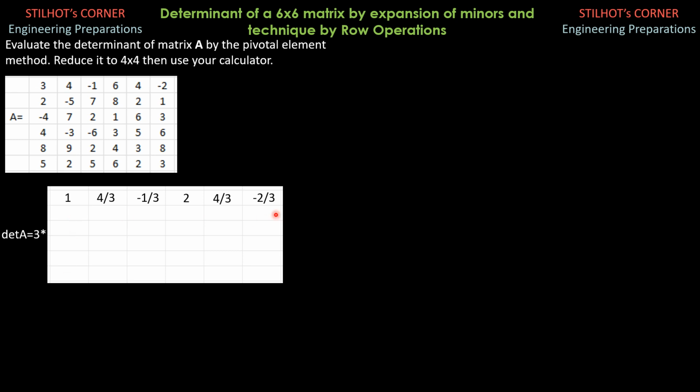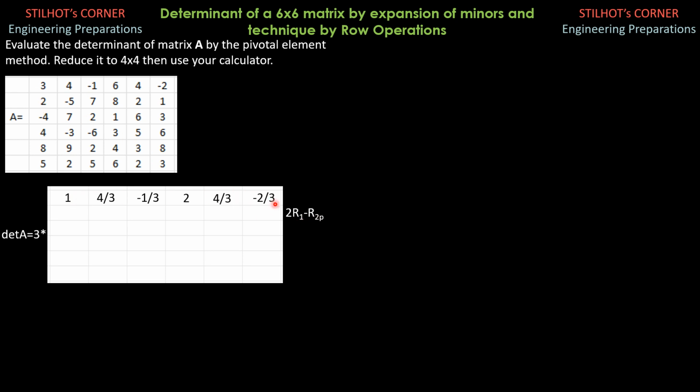So to do that, these are the elements of the previous second row, so that this is the new element of the first row. To make this 0, we have this formula: 2 times row 1, then minus row 2 previous.